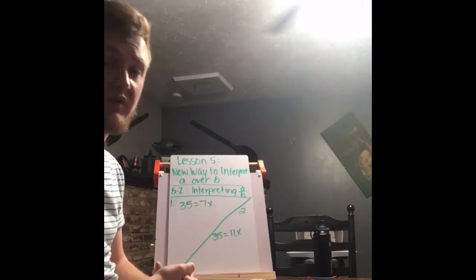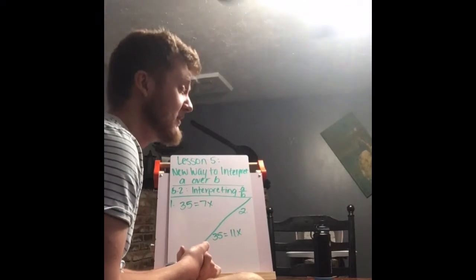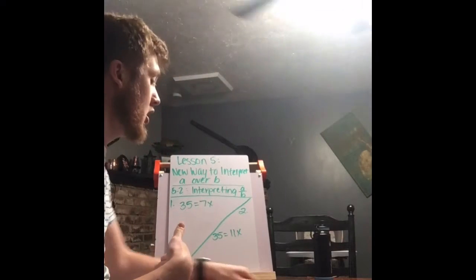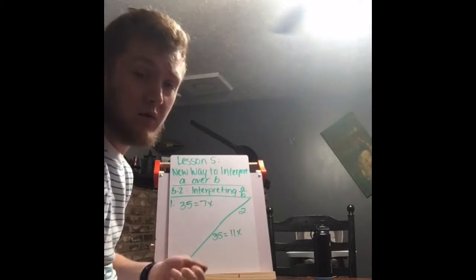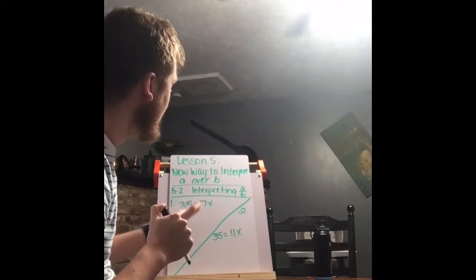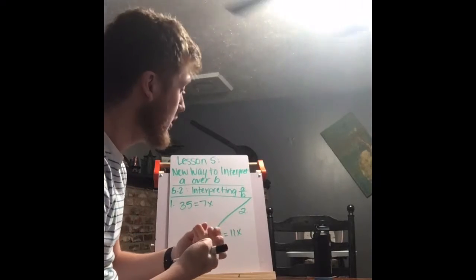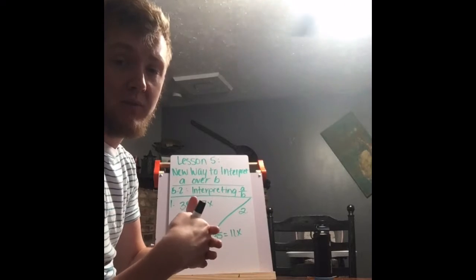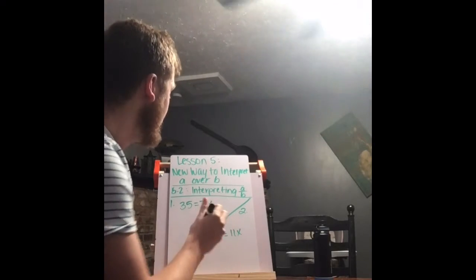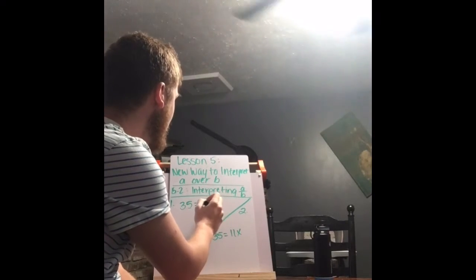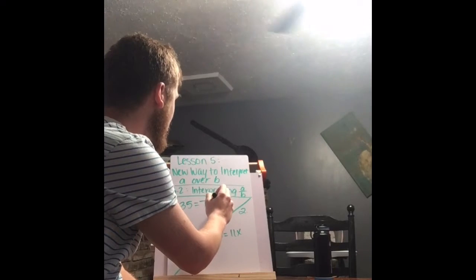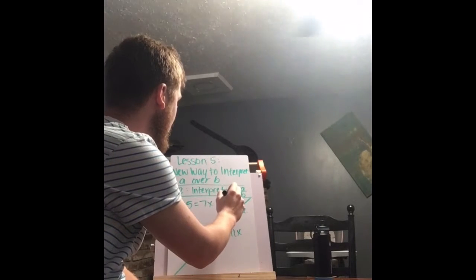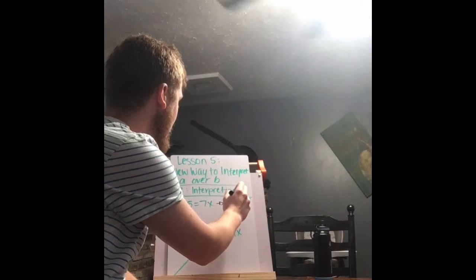We're going to do the same thing that we did in lesson 4, where we look at a problem, see which side has the variable, and then do the opposite operation to get the variable by itself. So we have 35 equals 7x, and this is essentially 7 times x.